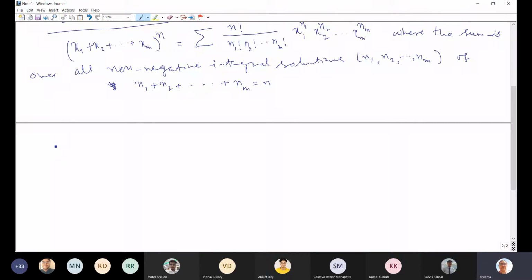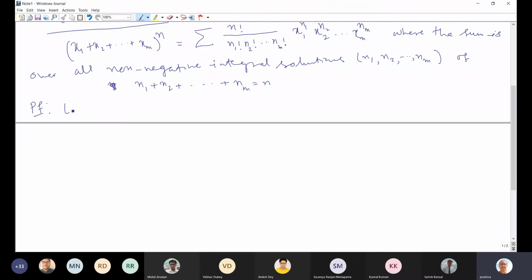See, one easy way is like this, as we have seen earlier. I am quickly giving a hint of the proof. This is just an outline.